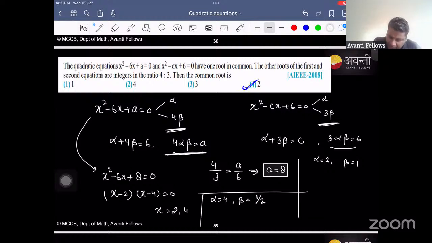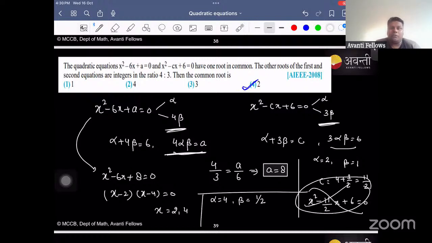This equation is satisfying, alpha 4, beta 1 by 2. Then c will be 4 plus 3 by 2, which is 11 by 2. So it is x square minus 11 by 2 into x plus 6 equals 0. And 1 is not a root of this equation. So this situation does not satisfy. You got 4. Got it?